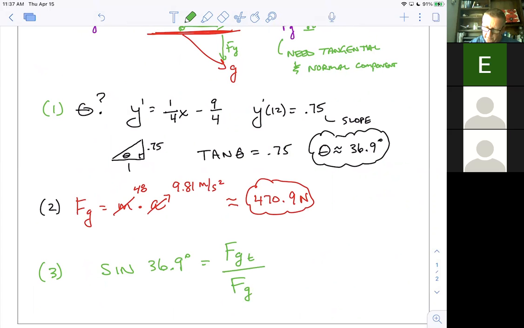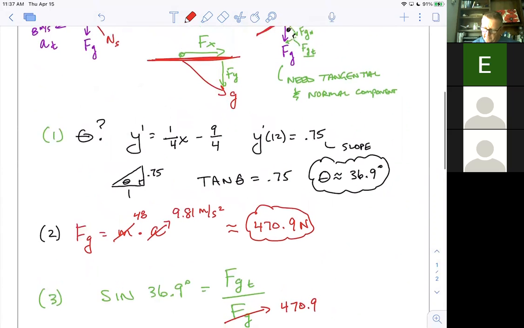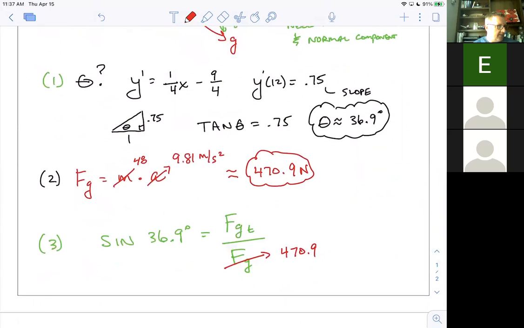And we know those now. We figured those out. The force of gravity is 470.9. And so now I can solve for the force of gravity, its tangential component. Beautiful. I do that. I get 282.7. So force of gravity tangential is approximately 282.7.